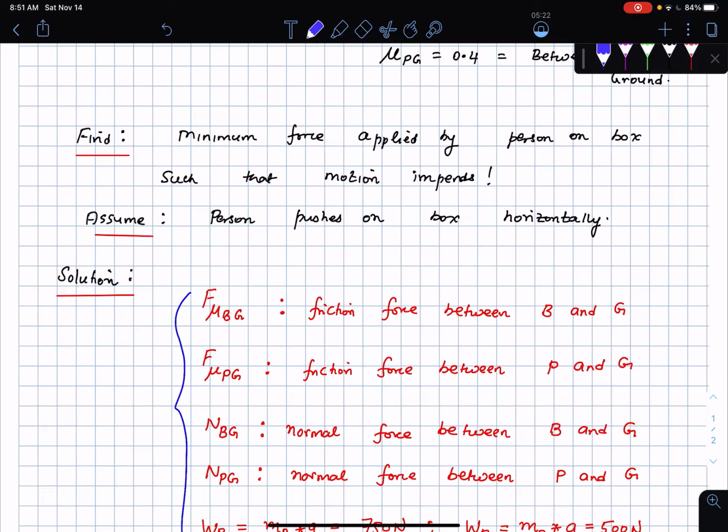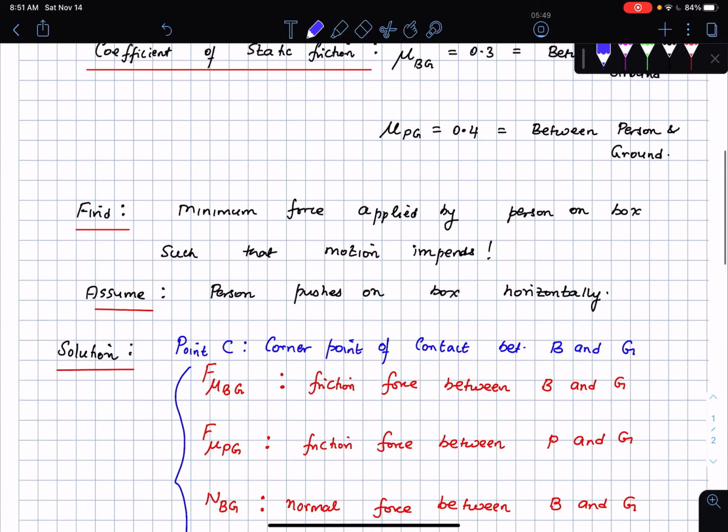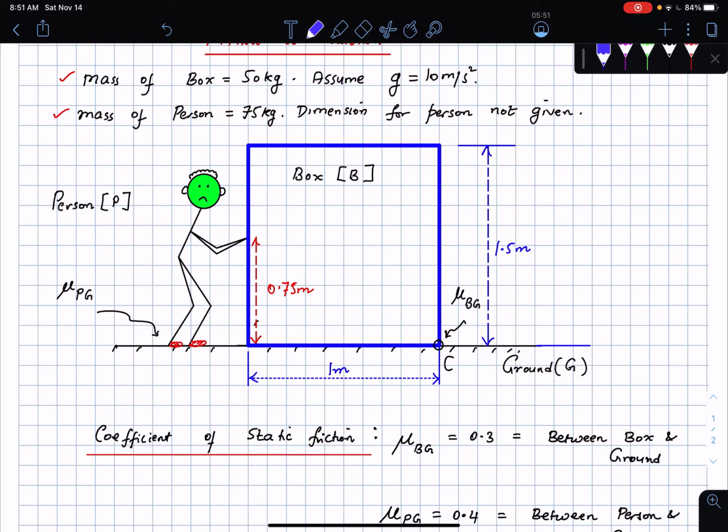Point C is a corner point or contact point between the end of the box and the ground, the point of contact between B and G. Just for reference, this is the point C that I'm talking about. And G is the ground anyway.